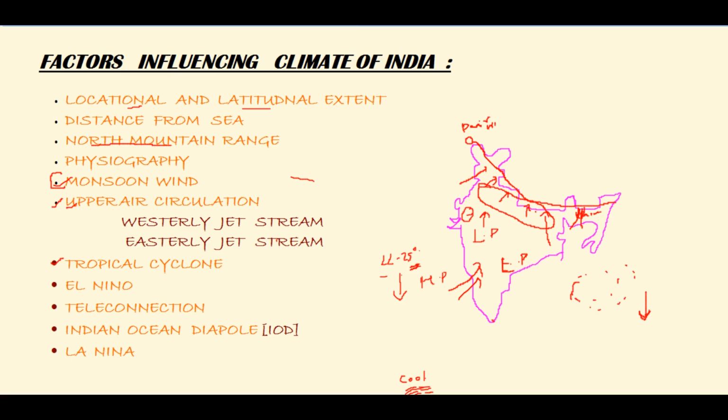Due to the differential pressure, the air starts moving inward, and due to Coriolis force also, the formation of a cyclone occurs, and this moves towards the coast, and generally the location is like this, the path of the cyclone. So next is El Nino. We will talk about this in the next video.